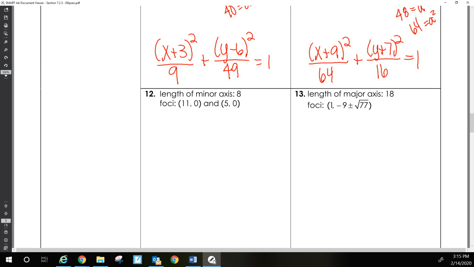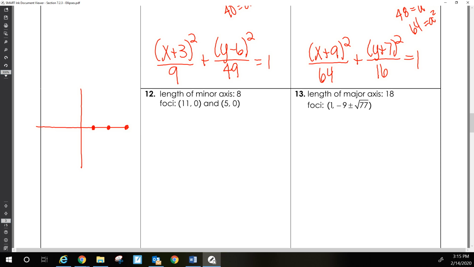So where do the foci always lie? They're always on the major axis. So we're going to have to use this piece here to tell whether we've got a horizontal or a vertical ellipse. So when we plot 11, 0, not up there, it'd be out here somewhere, and 5, 0, halfway between those two is going to be my center.